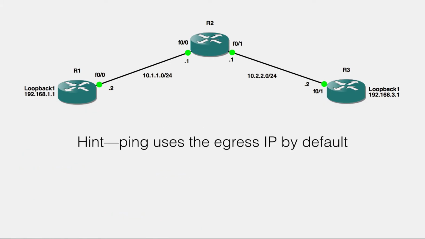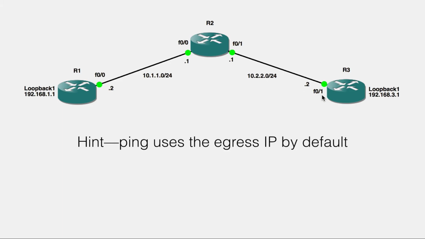So the quick answer here is that when we send traffic out using the ping command, by default it's actually going to use the IP address of the interface that it goes out. So when I was sending traffic to my loopback on router 1 from router 3, it was actually using the IP address of FA0/1, or Fast Ethernet 0/1, on router 3.